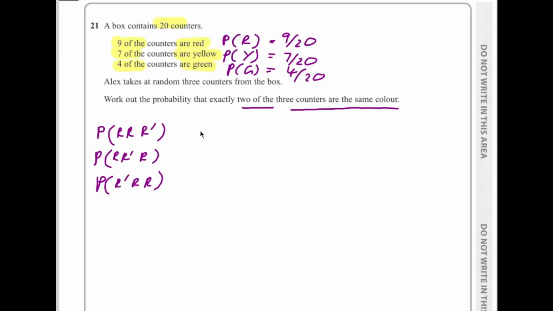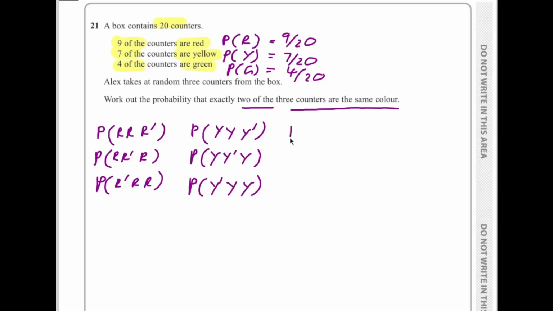Same way when considering yellow. Let's see how to get yellow. Probability of yellow, yellow, not yellow. And I can mix this as well: yellow, not yellow, yellow again. Next one is not yellow, yellow, yellow.